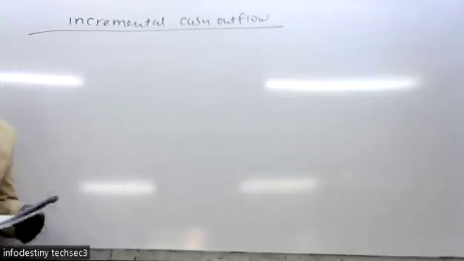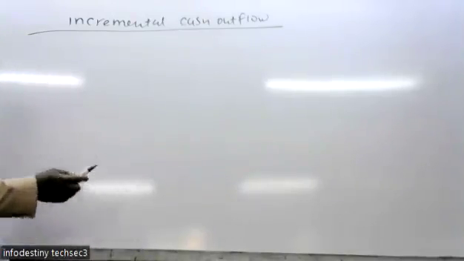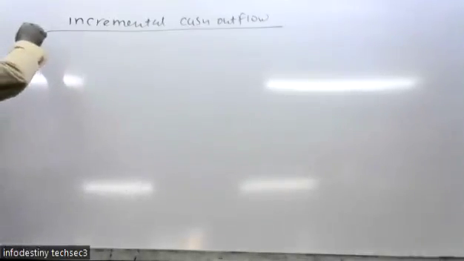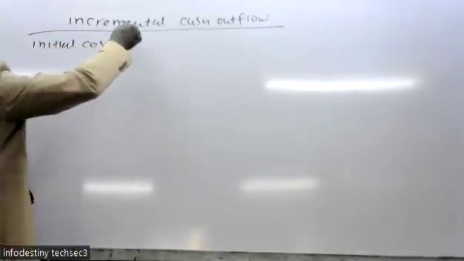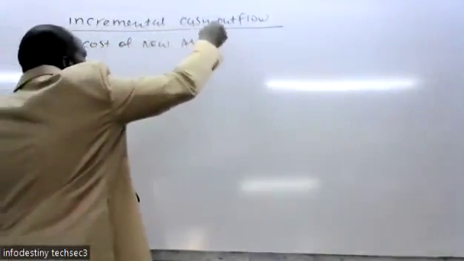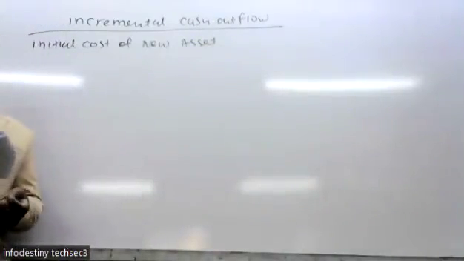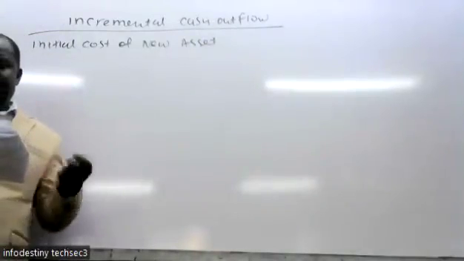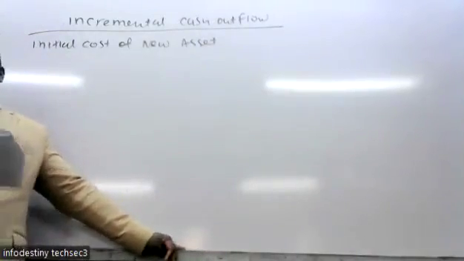of the new asset or machine. The initial cost of the new asset was provided in the second paragraph.